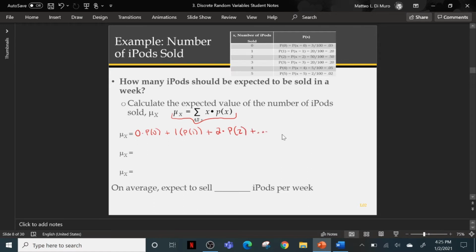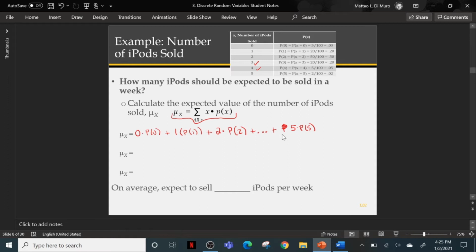I'm just writing this so you know what's going on until I get to 5 here. I made a little mistake there, just ignore that. 5 times probability of 5. I'm just saving some time by saying I'm going to do 3 and 4 in there. Now I'm actually going to show my work on the next step.